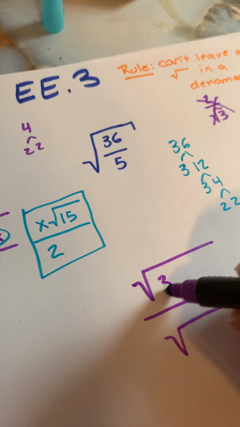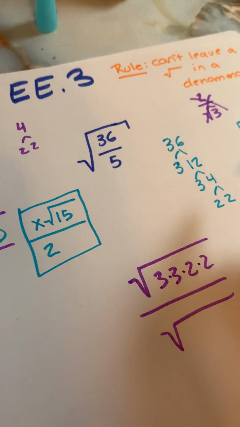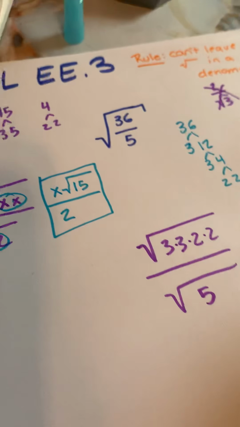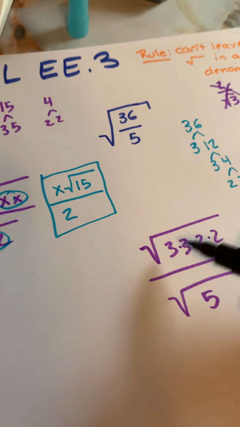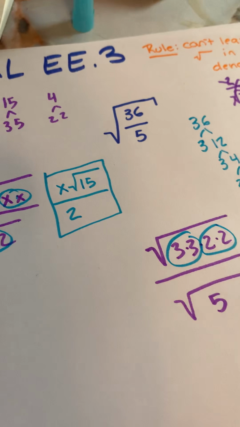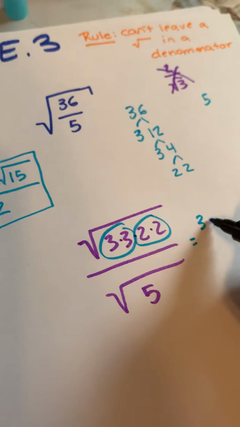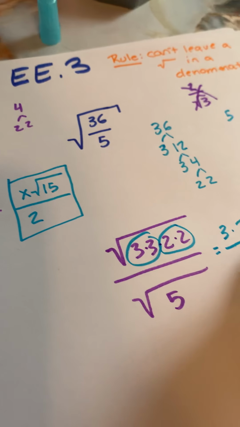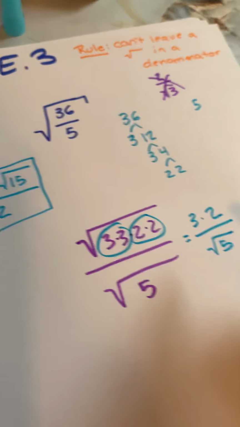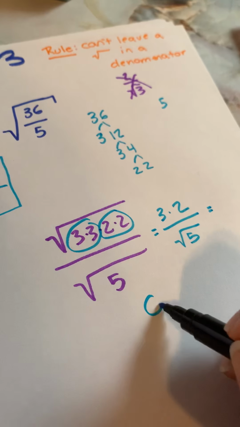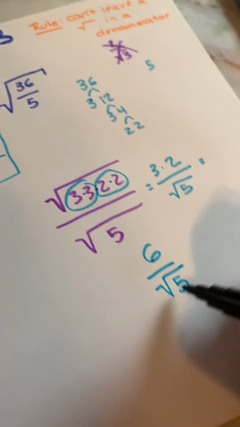We've got 3, 3, 2, 2, and 5. Okay, so pairs, got 3's and 2's, which means I'm going to have 3 times 2 with no radical, and that's going to stay radical 5. So final answer is 6 square root of 5.